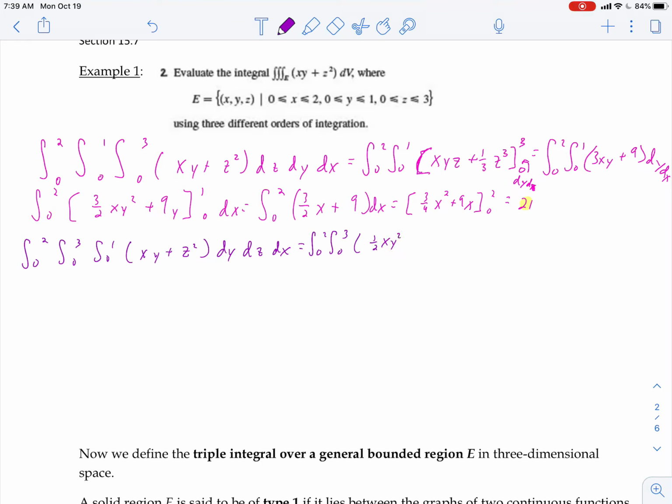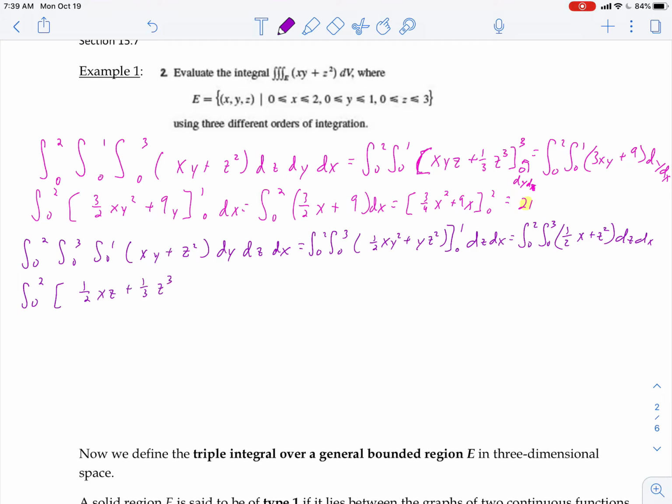Let's integrate. So 0 to 2, 0 to 3, integrate with respect to y. So 1/2 xy squared plus yz squared from 0 to 1, dz, dx. And we're going to get 0 to 2, 0 to 3, 1/2 x plus z squared, dz, dx. Let's integrate with respect to z.